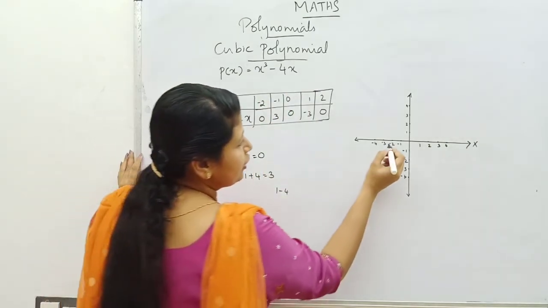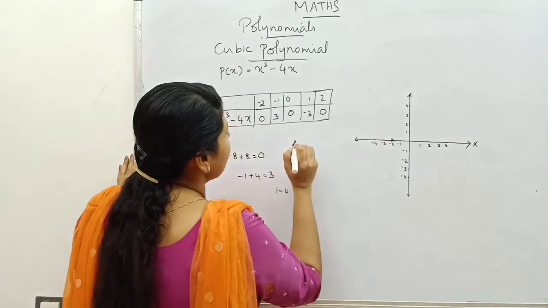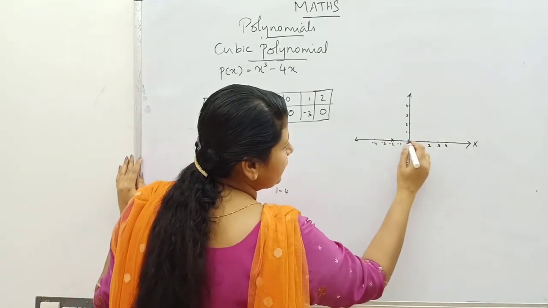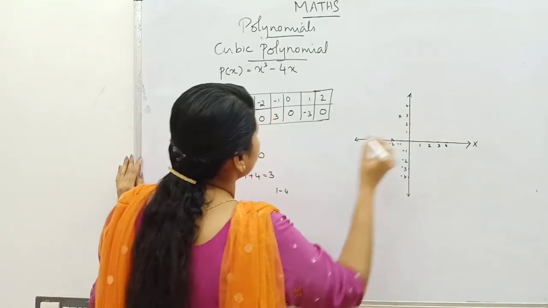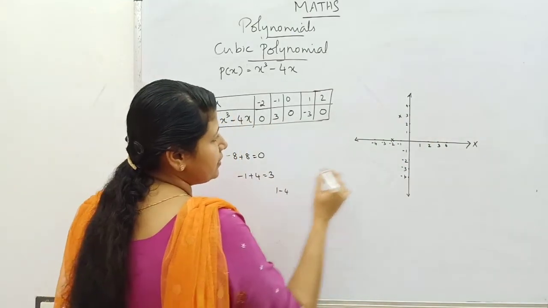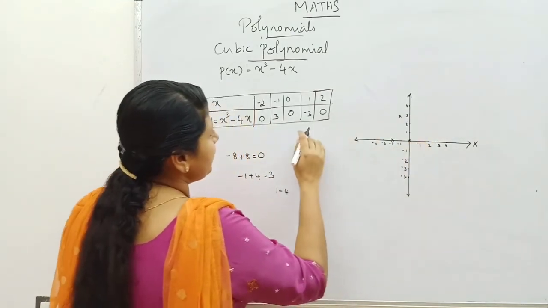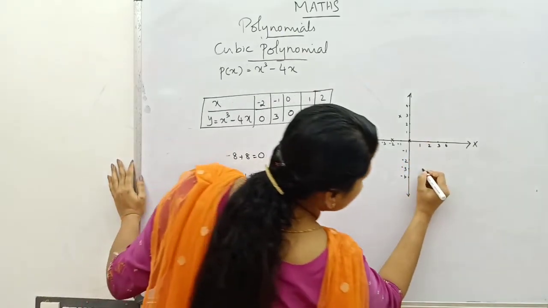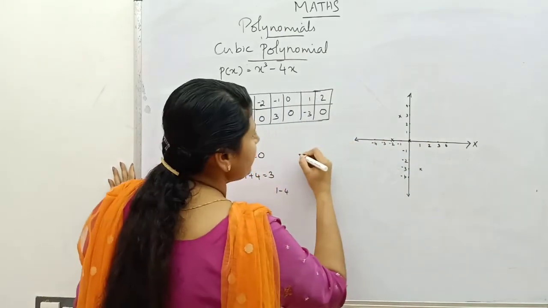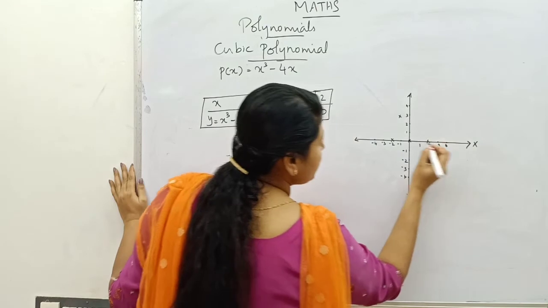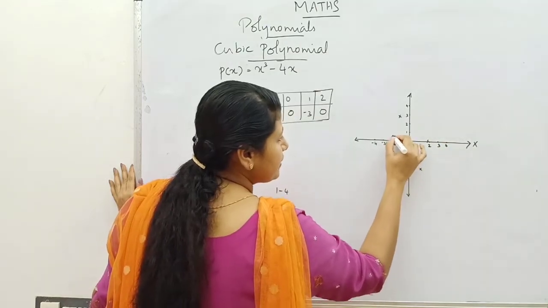Then negative 2, 0 is here, and negative 1, 3 will be here. Then 0, 0 will be here. Then 1, negative 3 is somewhere here. Then 2, 0 is here. So we will get the graph just like this.